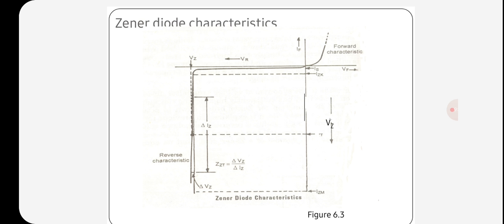If the diode is heavily doped, Zener breakdown occurs at low reverse voltages. On the other hand, if the diode is lightly doped, the Zener breakdown occurs at high reverse voltages. Zener diodes are available with Zener voltage in the range of 1.8 volts to 400 volts.